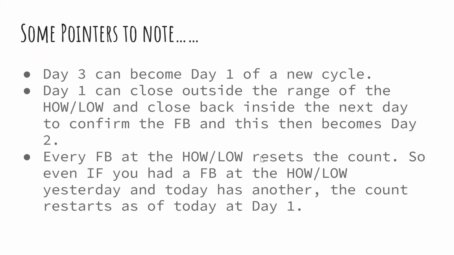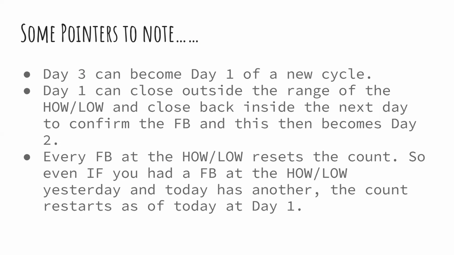Some things to note. Day 3 can become day 1 of a new cycle. And day 1 can close outside of the range of the high or low of the week and close back inside on the next day. So for example, you wouldn't have realized at the end of the day yesterday that price would have gone above the high of the week, but it didn't come back inside the range to close on the same day.